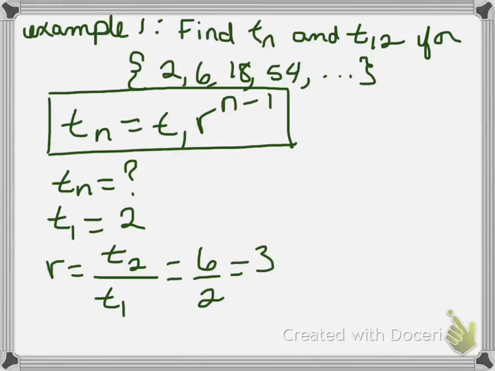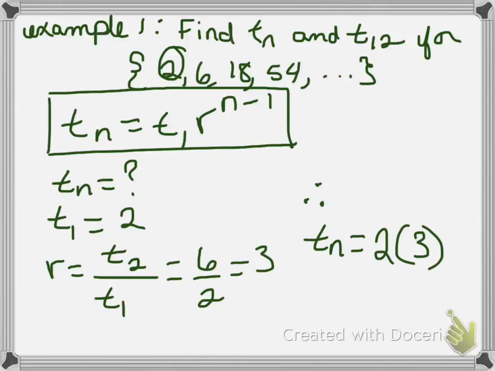So in this case, our common ratio is 3, and therefore the formula for the general term is t sub n equals 2, which is our first term, times, open a bracket, 3, close the bracket, to the power of n minus 1. And that is the formula for the general term.